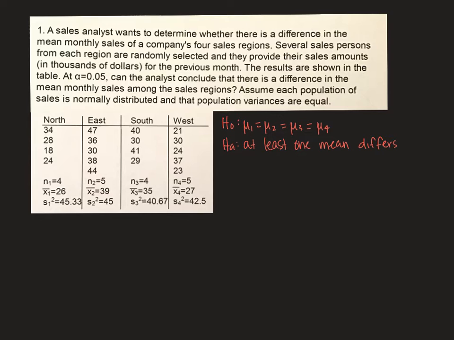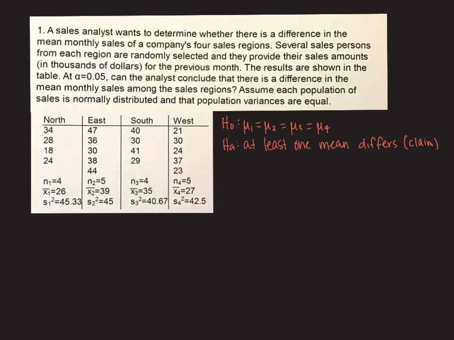And they are asking if the analyst can conclude that there's a difference in the mean monthly sales of the sales regions. So if there's a difference, HA is our claim.